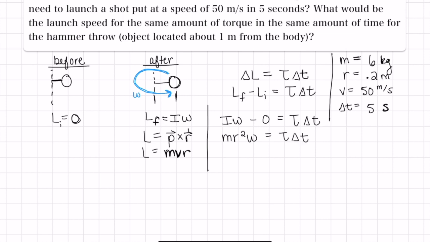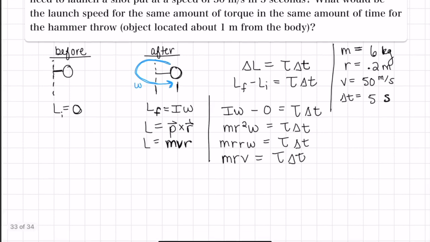And the r squared times omega, or if we separate those r's so that we have m r r omega, that r times omega is our linear velocity, so we get an mrv, which is just mvr rearranged. So either way we're good. Things check out.